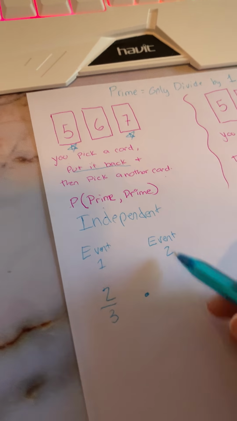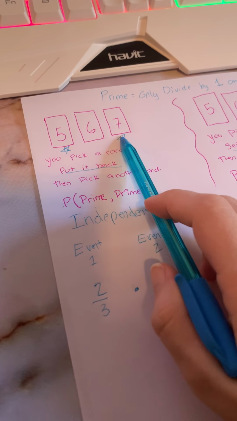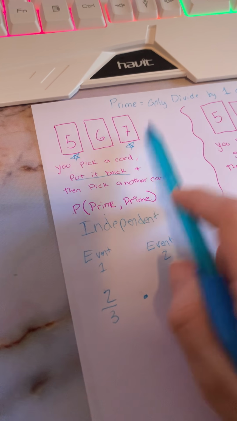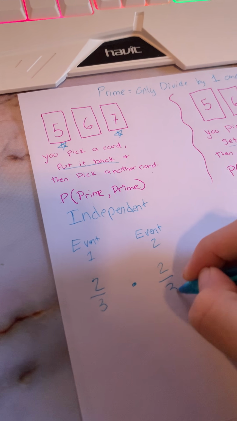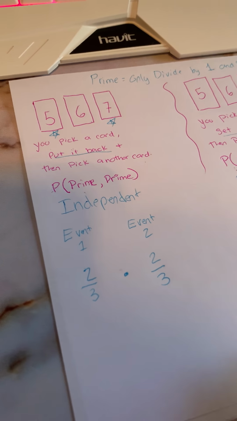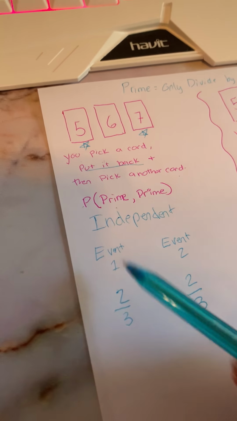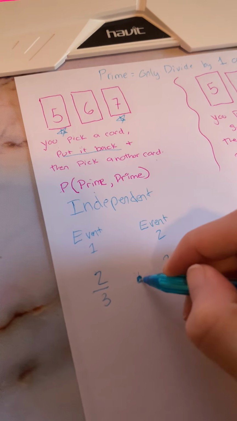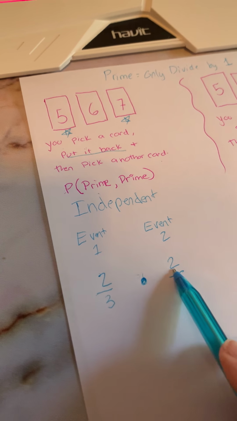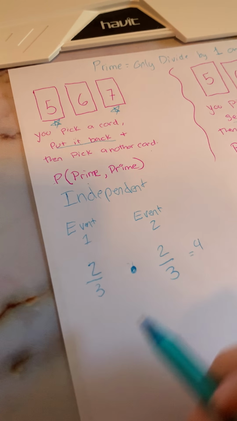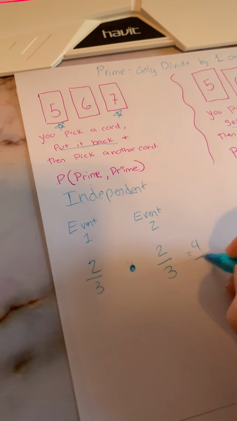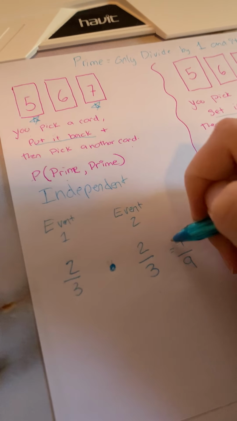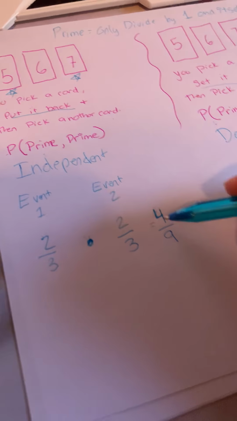So now I'm picking the second time, same 3 cards, I still have 2 primes out of 3 total. Right? When we do compound events with 2 different events, we need to multiply. So we're going to go across: 2 times 2 is 4. 3 times 3 is 9.